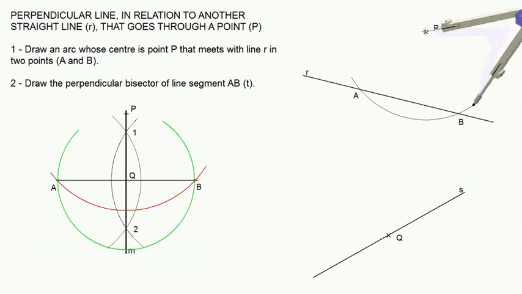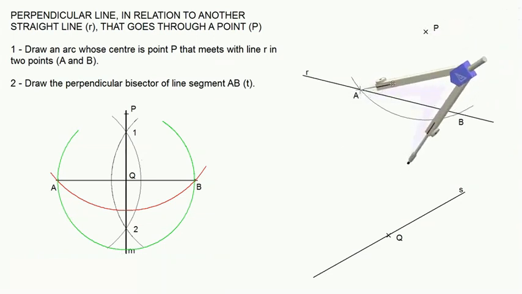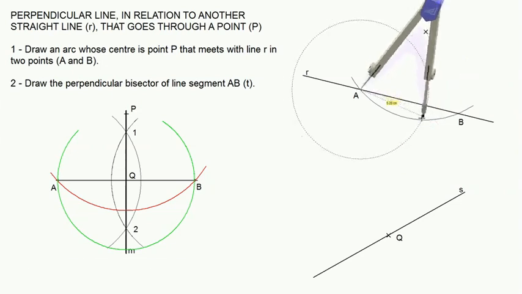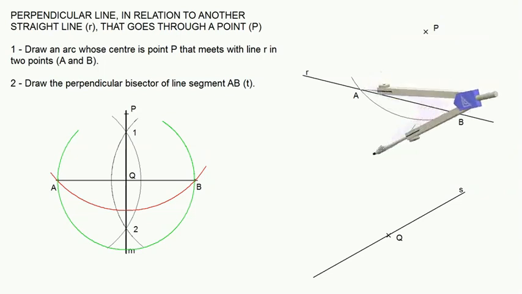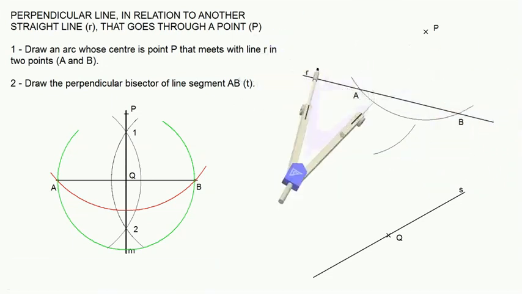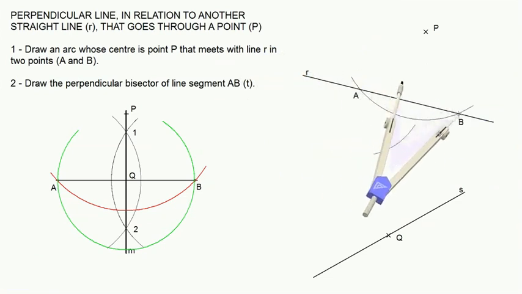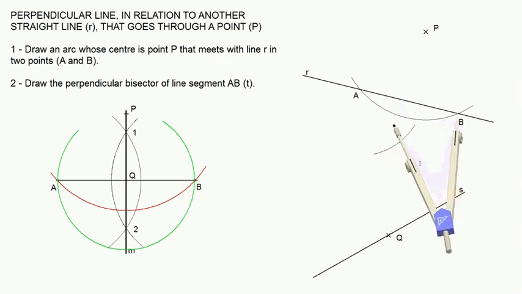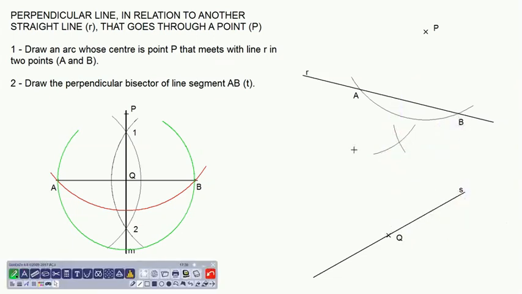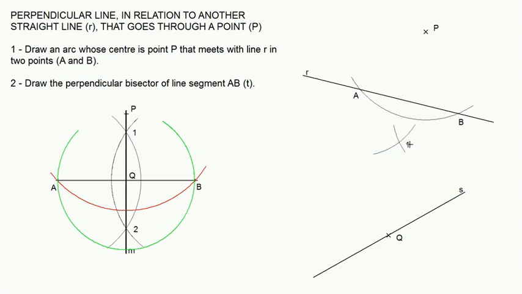We use the compass here to draw the perpendicular bisector of this segment AB. What we don't have to do is to change the radius of both arcs. This point is point 1.